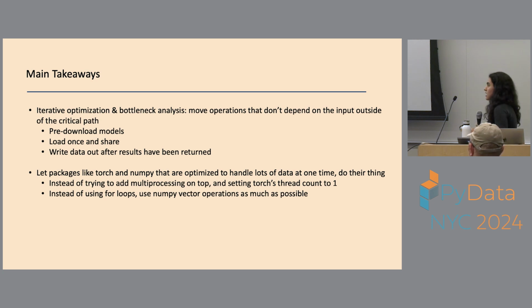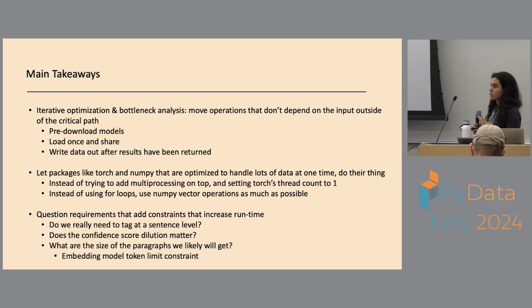And then lastly, it's important to, as you explore ways of optimizing your code, question some of the requirements that are there in the first place that both limit the amount of performance gain that you can have, but also in some cases, it's good to question and try to understand if your understanding of what the labels are supposed to mean and their confidence intervals are the same as your stakeholders and the same users.